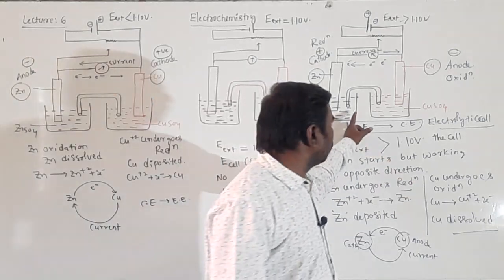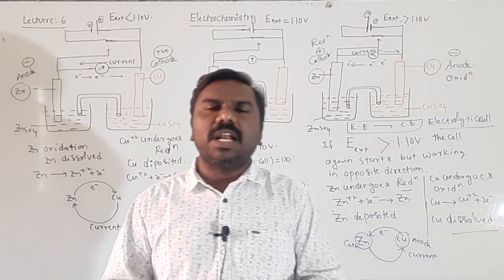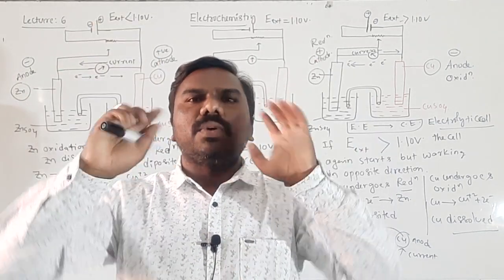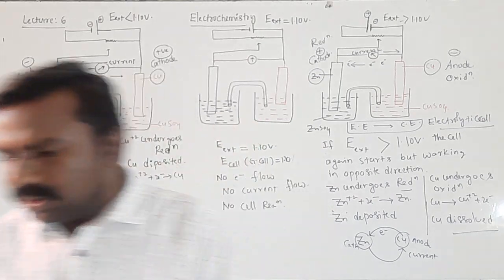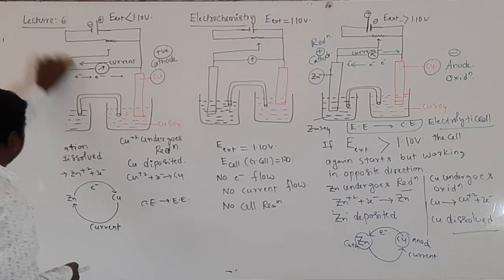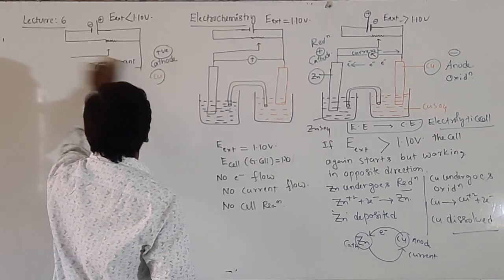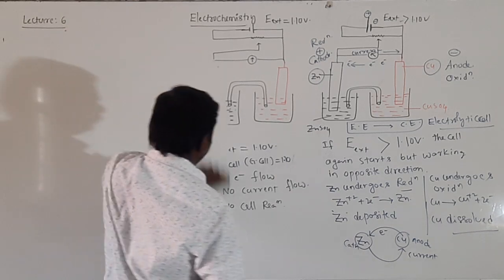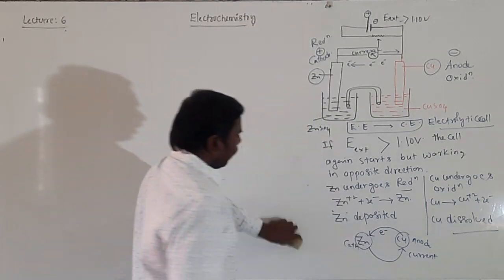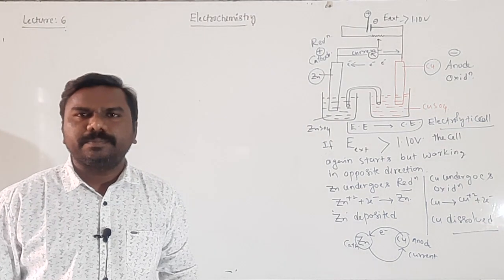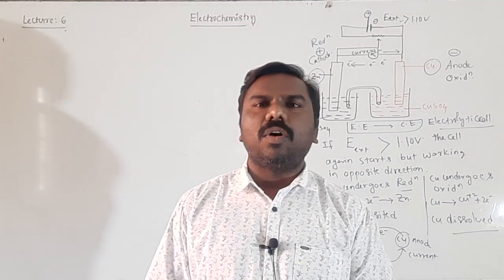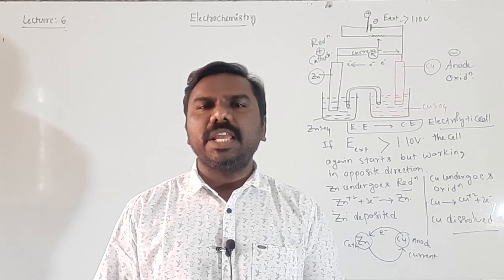To understand, I took two compartments, but in electrolytic cells you can take only one compartment, one solution, and dip two rods, right? Electrolytic cells are very useful in the laboratory and chemical industries to prepare many chemicals.